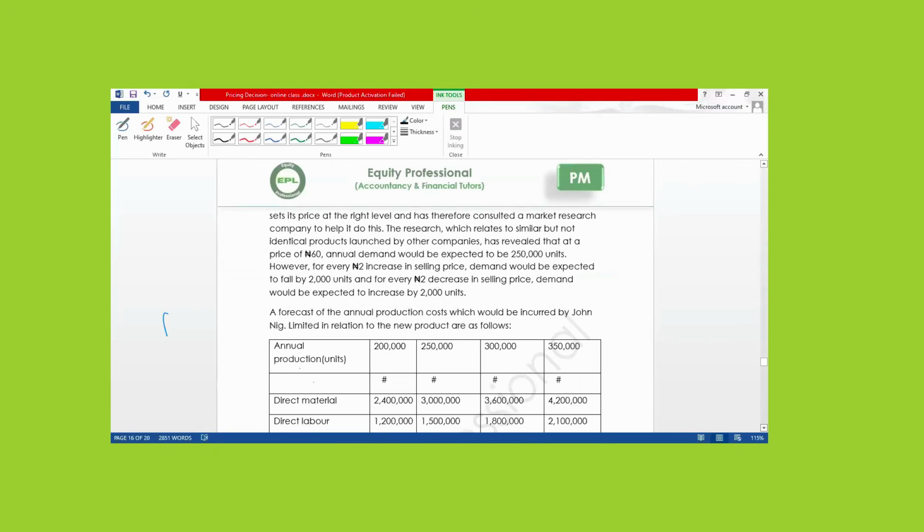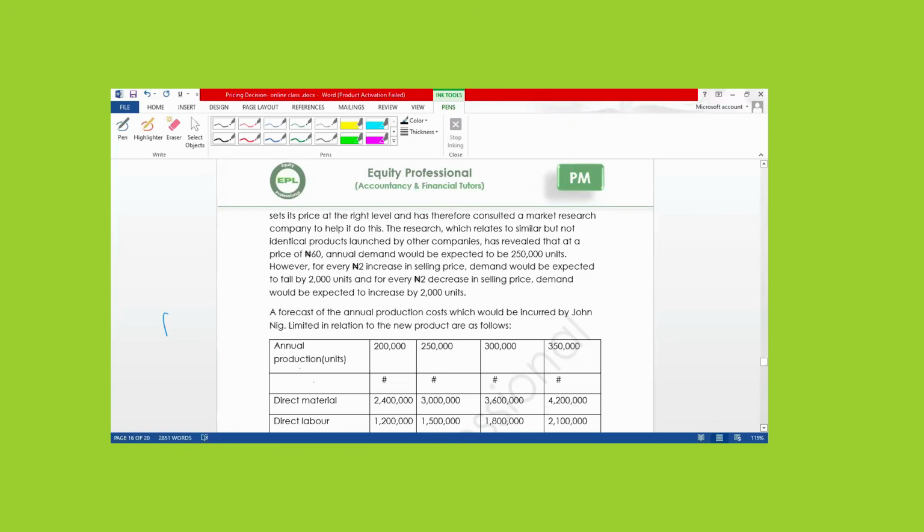A forecast of the annual production cost to be incurred by John Nigeria Limited in relation to the new product is as follows. Annual production units from 200,000 to 350,000.